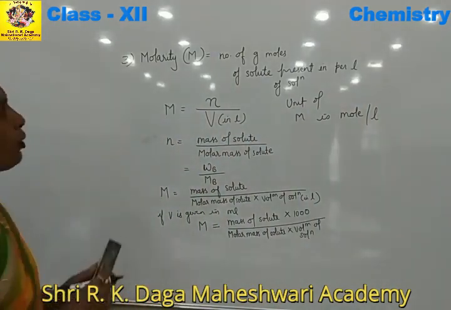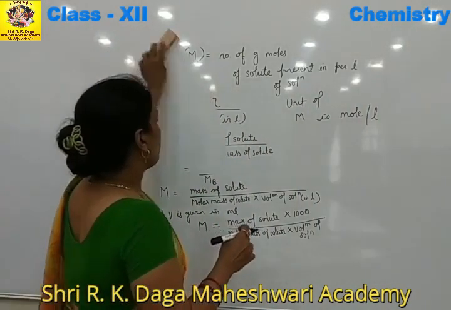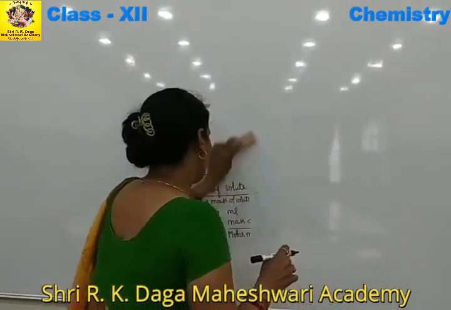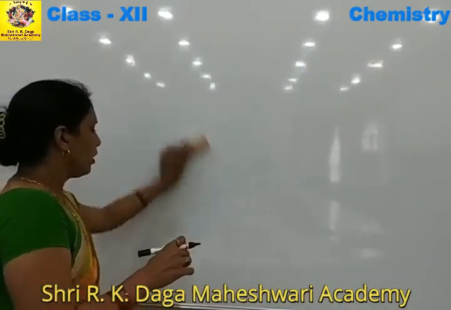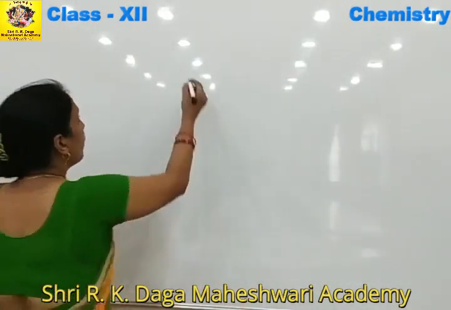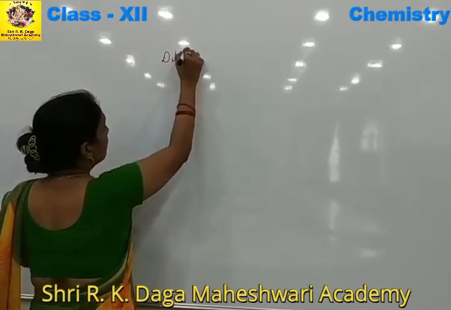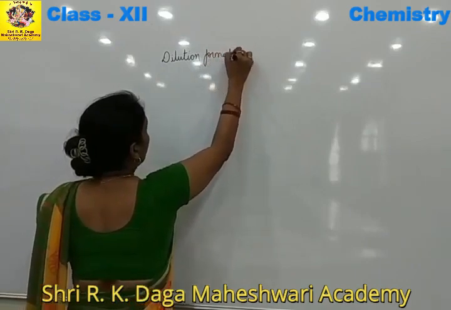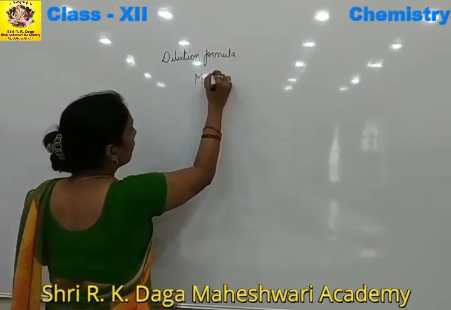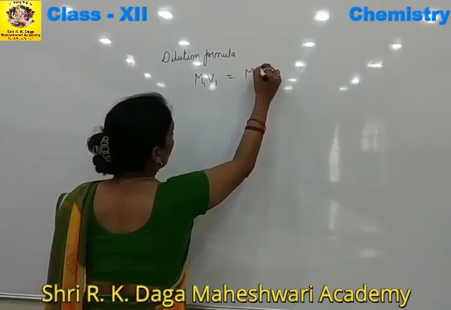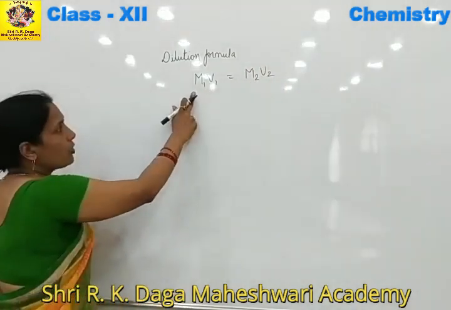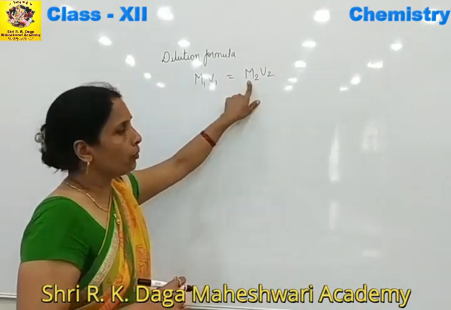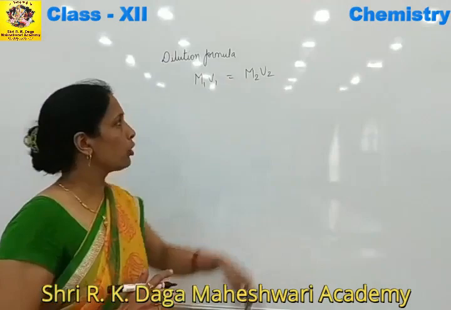Now there are some other formulas related to the molarity. One formula is dilution formula or neutralization formula, and that is M1V1 is equal to M2V2. This is molarity of first solution, and this is the volume of first solution, and then this is the molarity of the new solution and the volume of new solution.